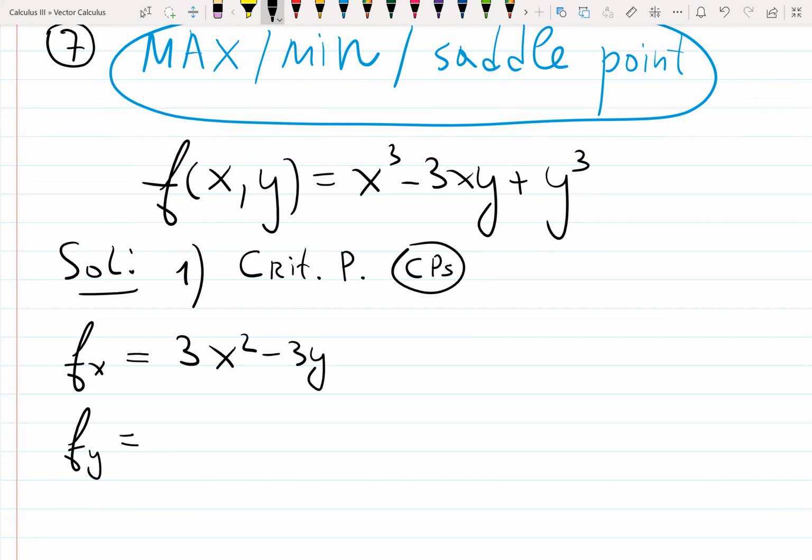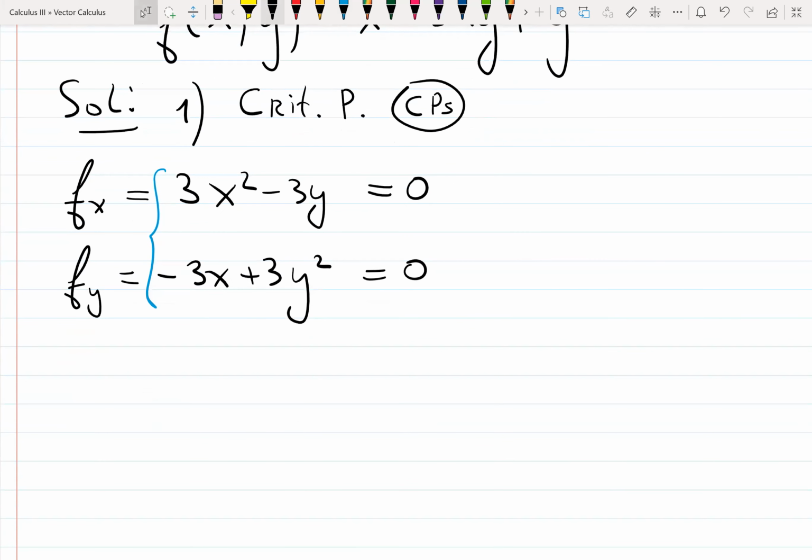With respect to y, it is minus 3x plus 3y squared. As always, you set both equal to 0 and try to solve. This is a system of two equations with two unknowns, so it should have a unique solution. And usually you just solve for one and plug into the other one.